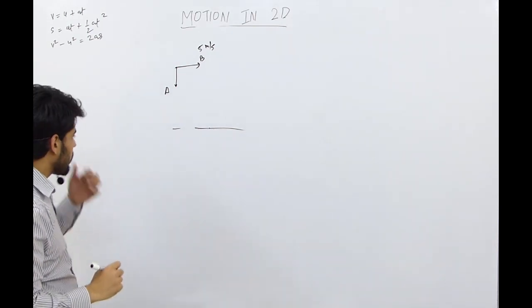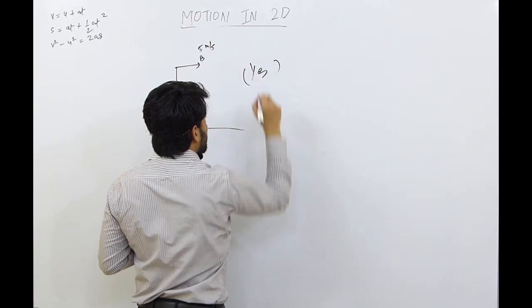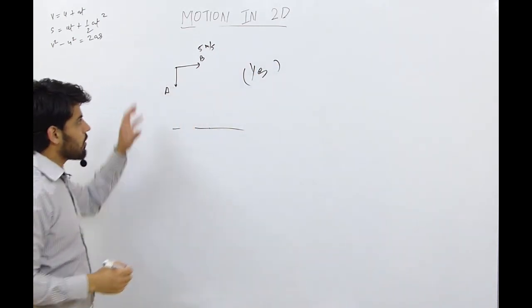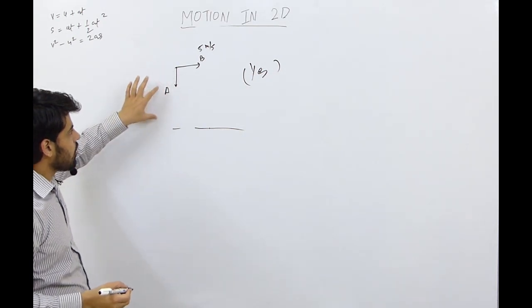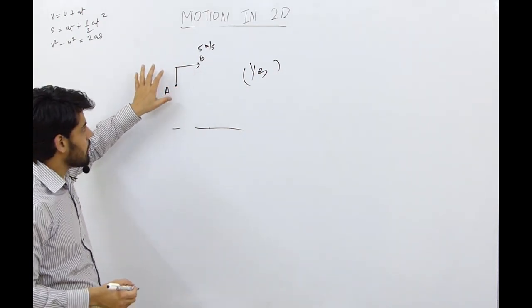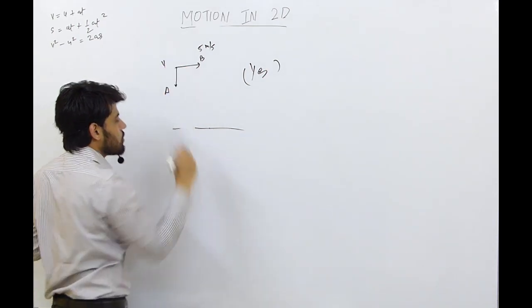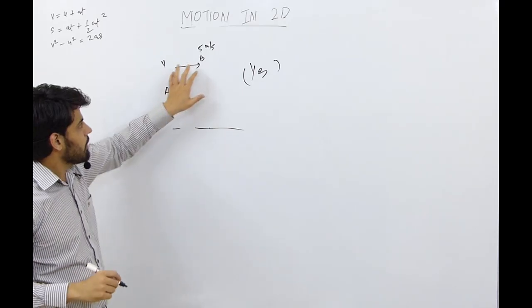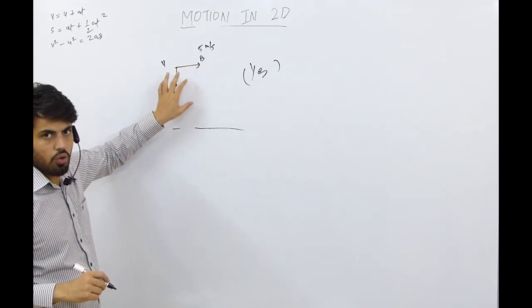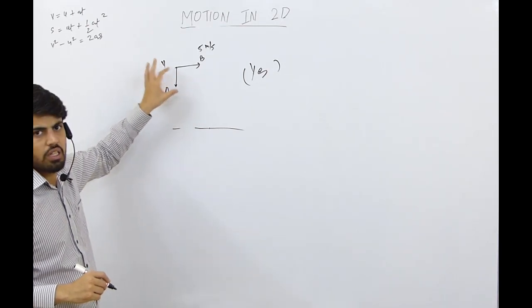Yes, they both reach the ground at the same time, because for both objects A and B, the vertical component of initial velocity is 0. For B, the vertical component is 0, and for A also it is 0.